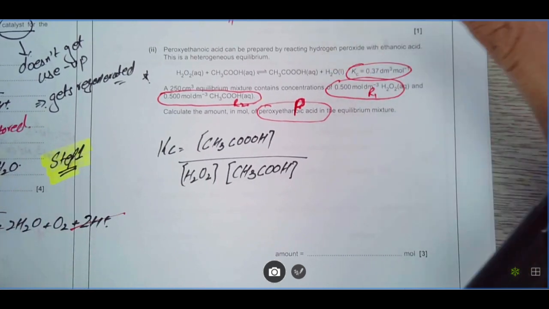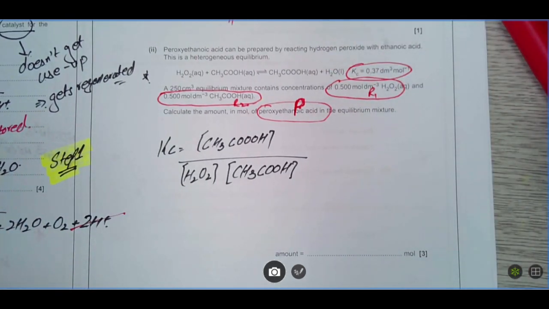Water is one of my products. Why will it not be related to this expression? Can the concentration of water ever change? No. Water has no concentration.